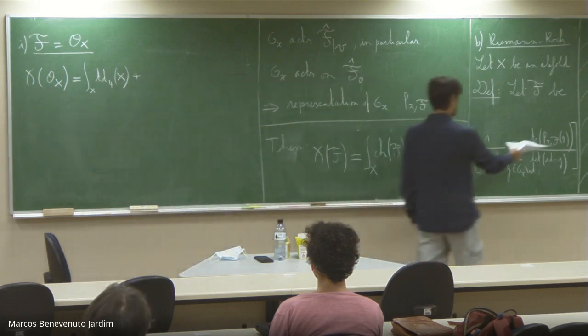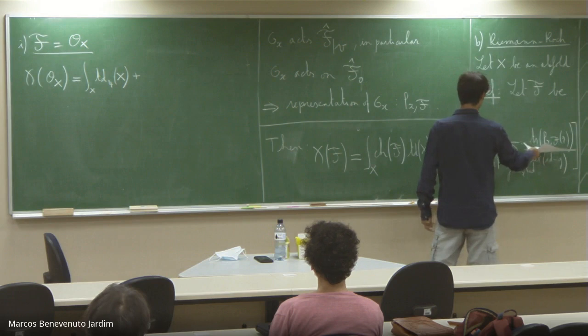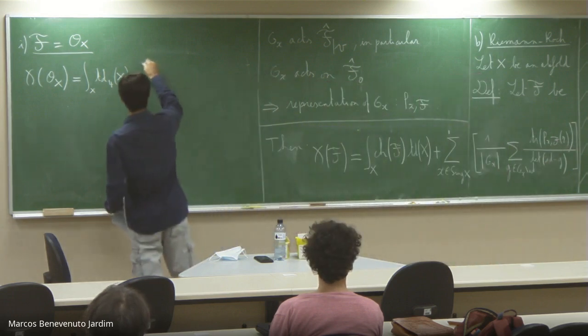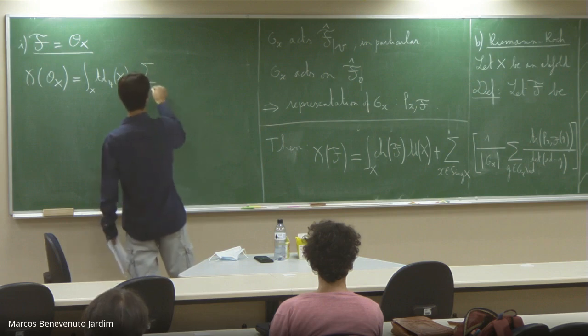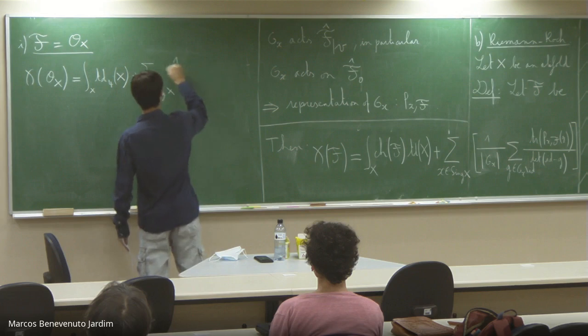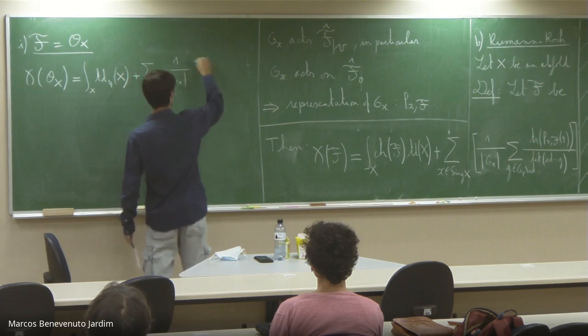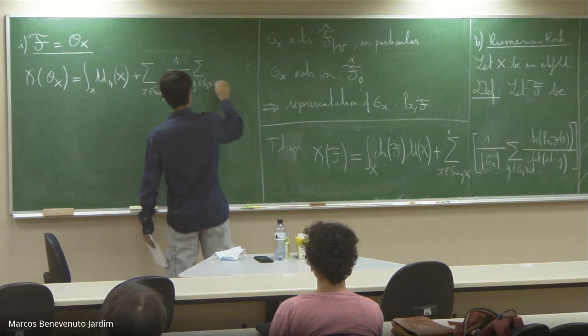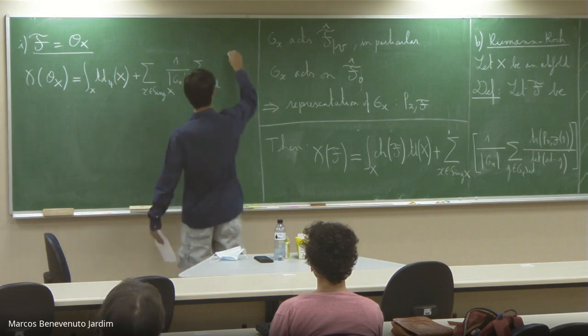Here the representation in this case will be just the trivial representation. So we'll have the sum over x of 1 over the determinant.